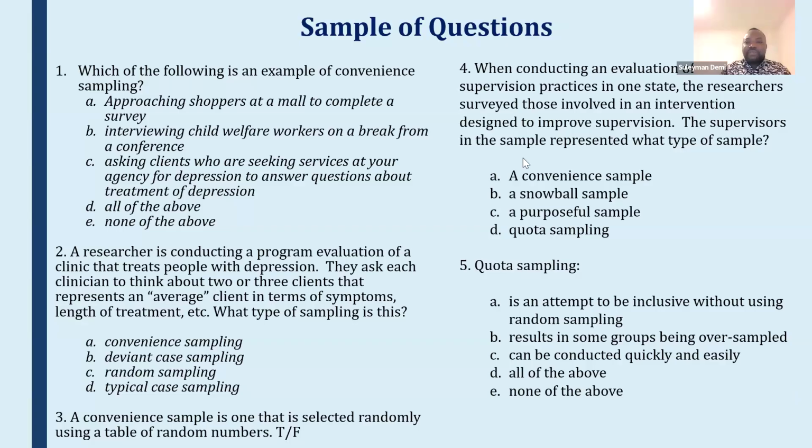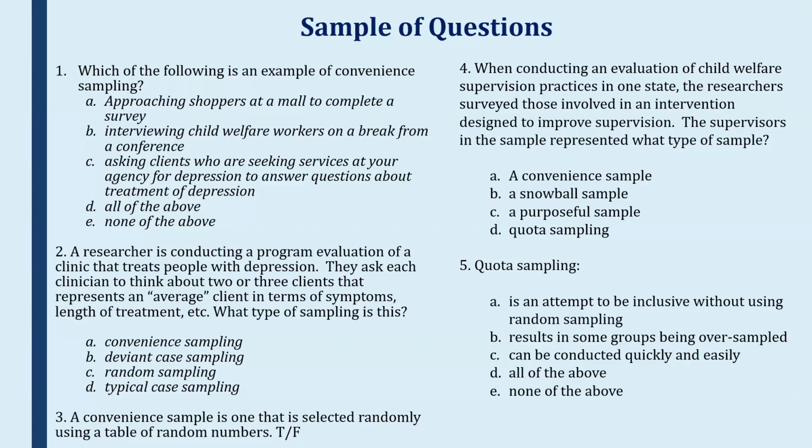Question number 4. Who will read it for us, please? Who volunteered to read? Yeah, go ahead. When conducting an evaluation of child welfare supervision practices in one state, the researchers surveyed those involved in an intervention designed to improve supervision.